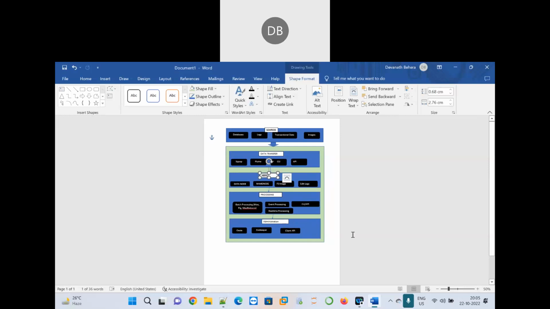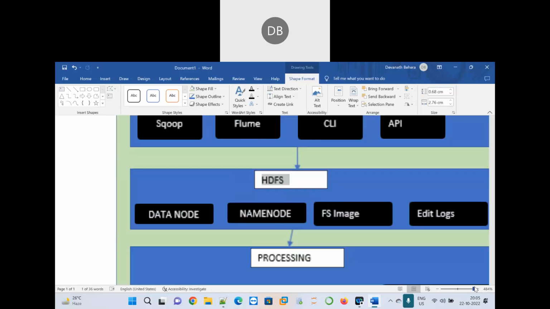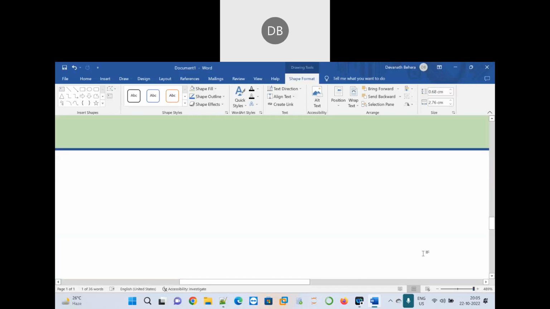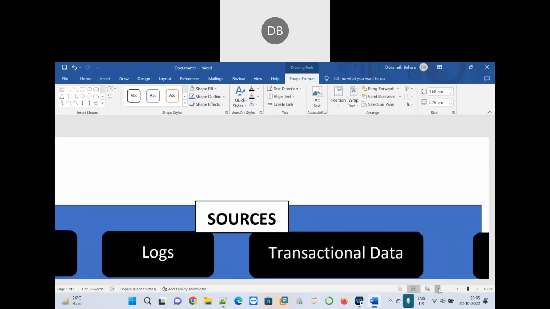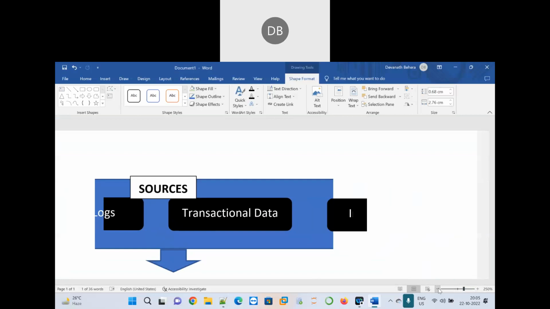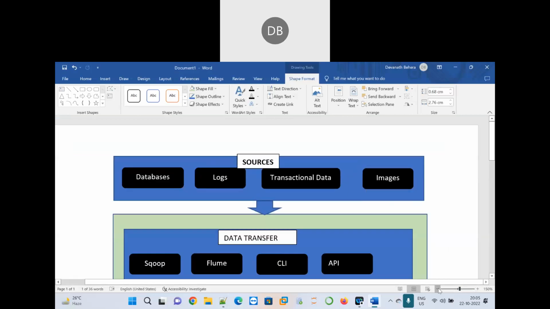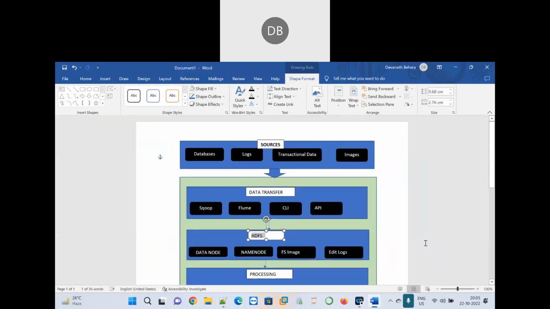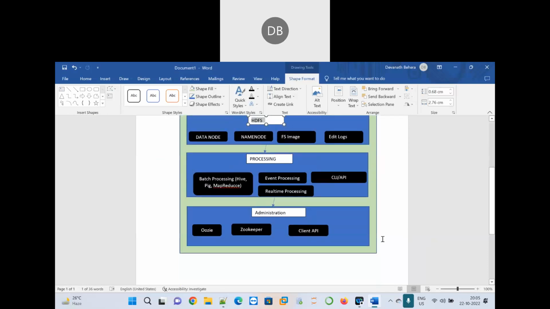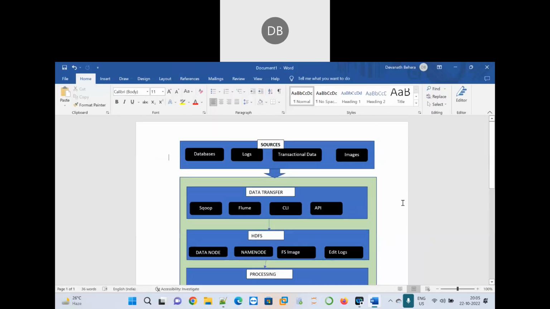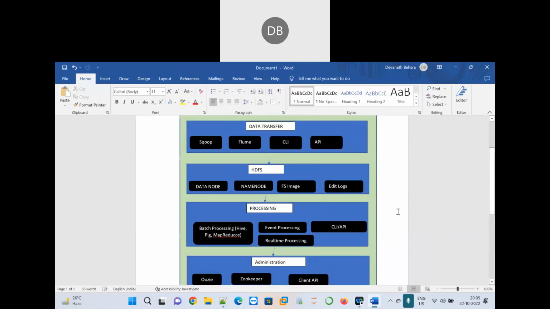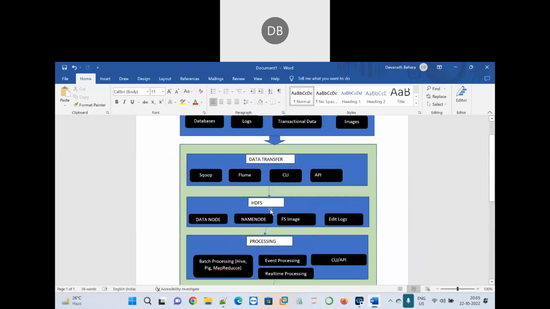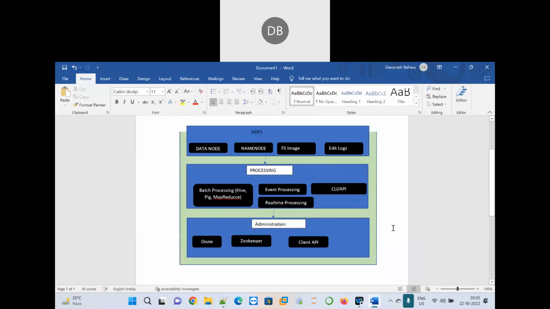Okay, so these are the major images, whatever you can see, showing how the core components are integrated with each other. This is the pictorial representation of all the core components, in a typical environment, how the core components are integrated. Okay.